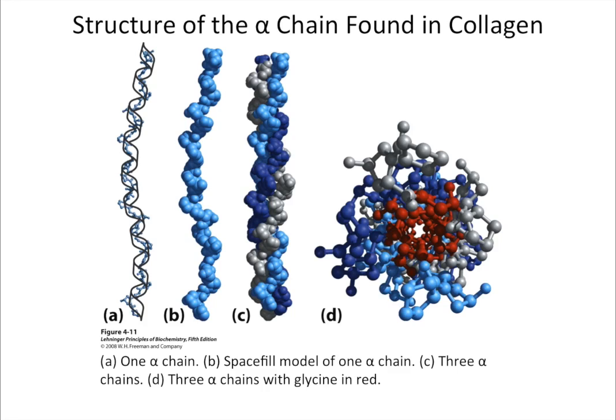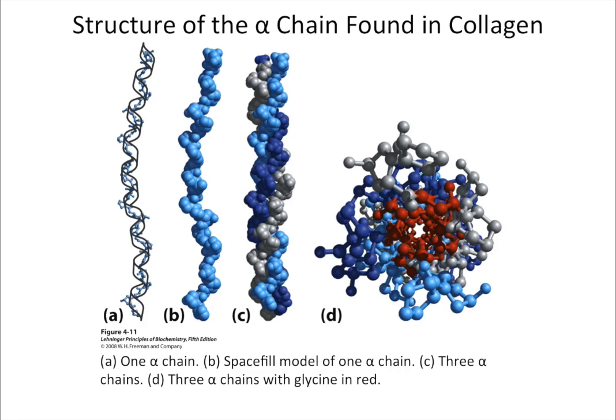In general, there are 3 amino acids per turn in the alpha chain, and the amino acid sequence follows the scheme glycine, X, Y. So that describes the repeat unit of the primary structure. So glycine, X, Y, where X is actually proline, and Y is hydroxyproline.